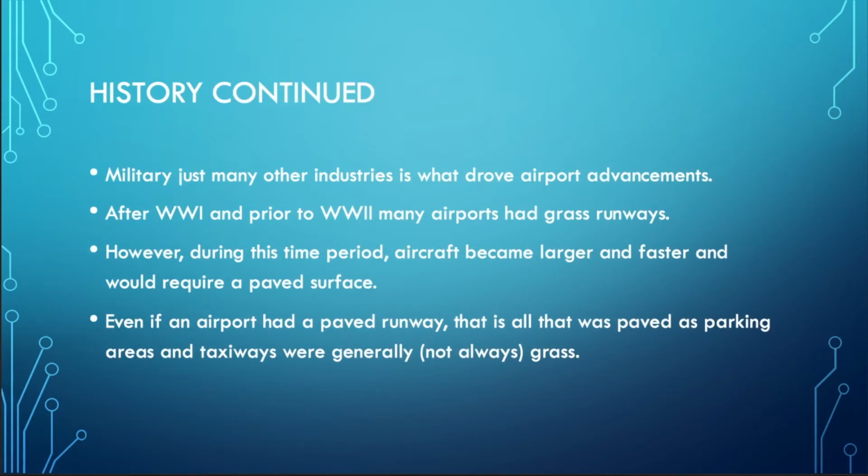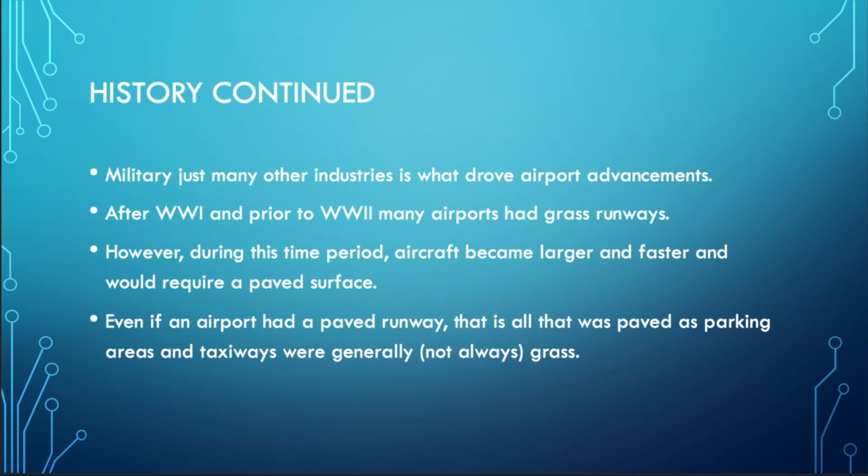After World War I and prior to World War II, many airports had grass runways. That was just because aircraft really didn't need asphalt or concrete runways, and they were too light and kind of fragile at this point. I mean, it's nothing more than like a balsa wood model airplane at that point.